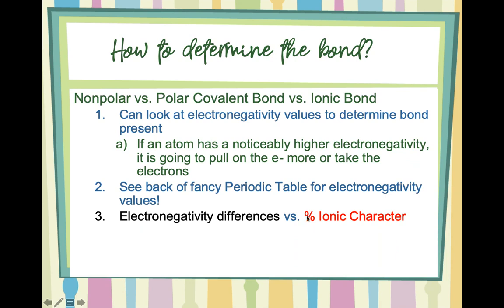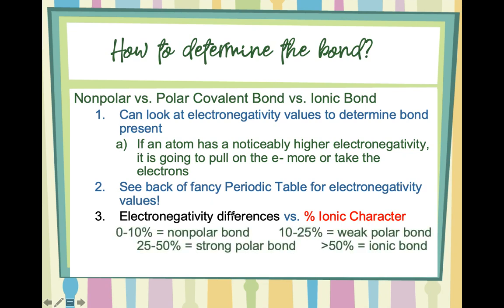Basically we're saying, if it's a high percent ionic character, it's more likely to be an ionic bond. If it's a low percent ionic character, it's more likely to be a nonpolar bond. That's kind of the idea. And here are the general percent values that we use in chemistry, but there's a little bit of overlap. If it's a low percent ionic character, that means it's not really ionic at all.